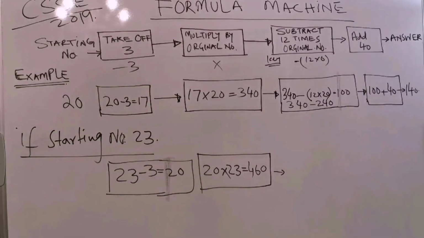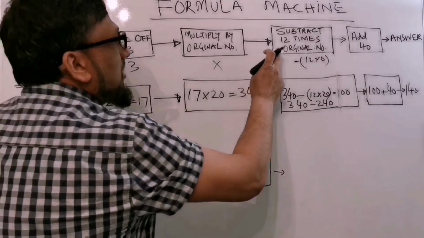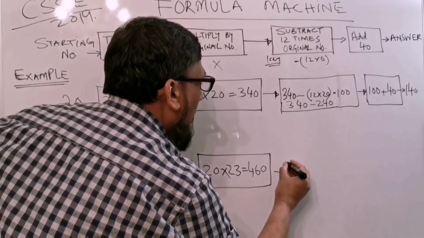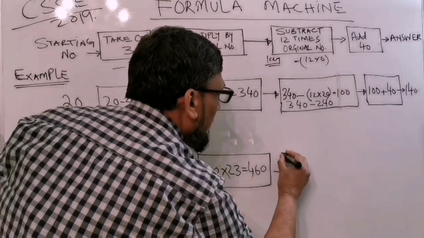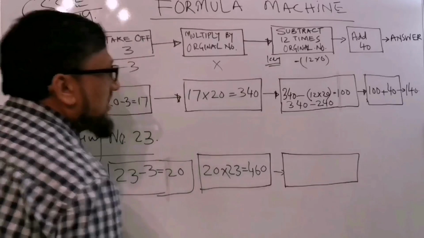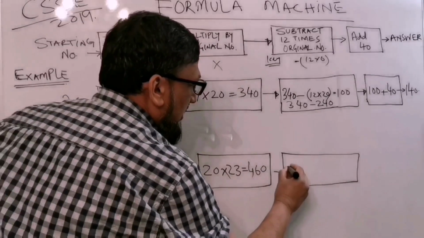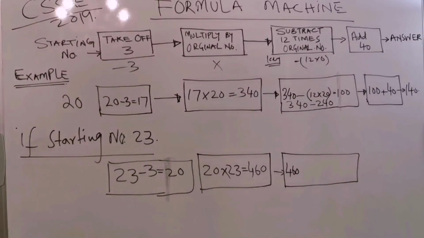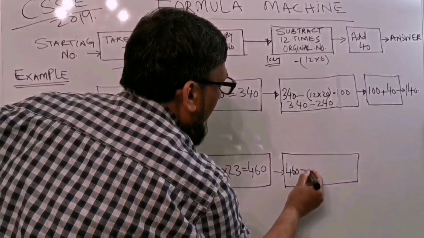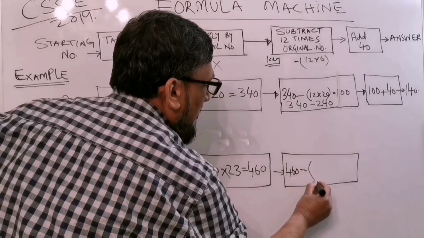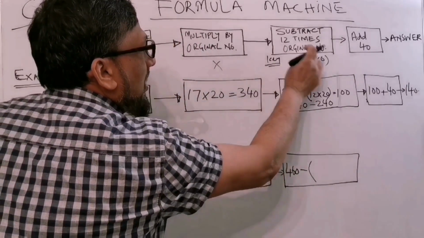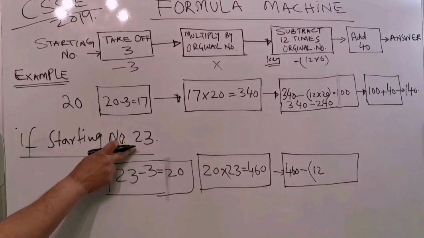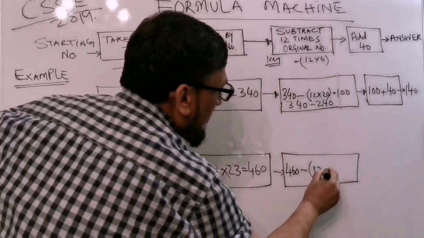The third step for the machine says subtract 12 times the original number. So our answer 460, you need to subtract 12 times the original number, which is 23.